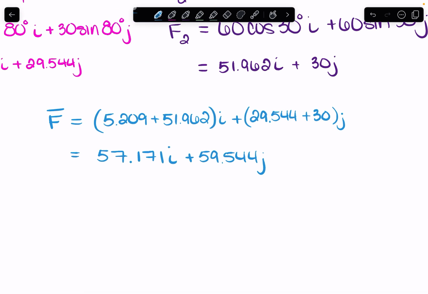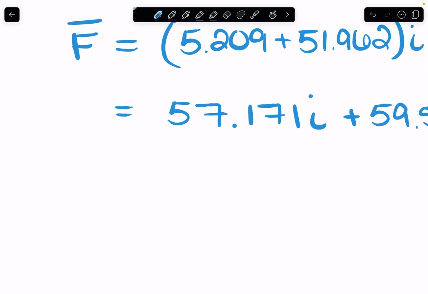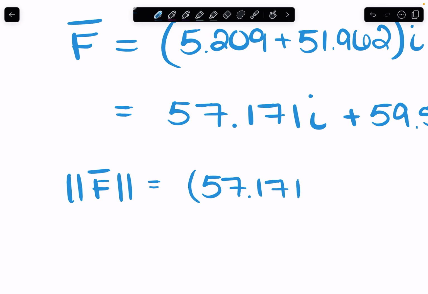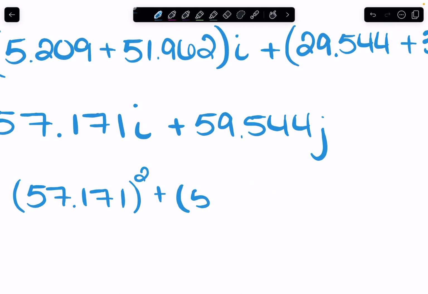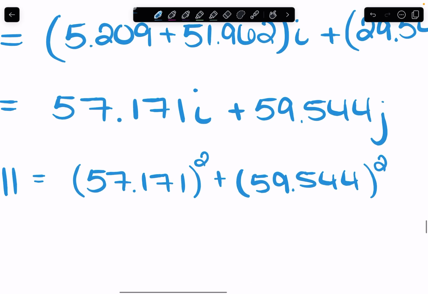So to find the magnitude of the resulting vector, we go Pythagorean theorem it. So the magnitude of this final force is the i portion squared plus the j portion squared, all under a square root.